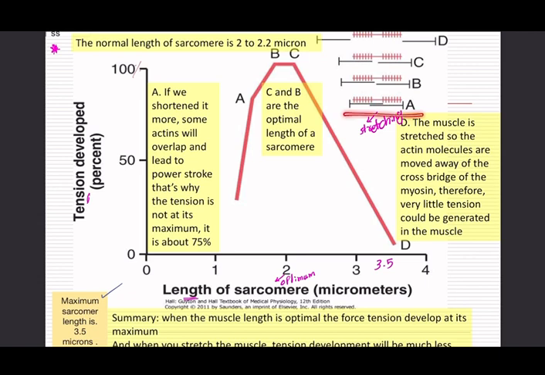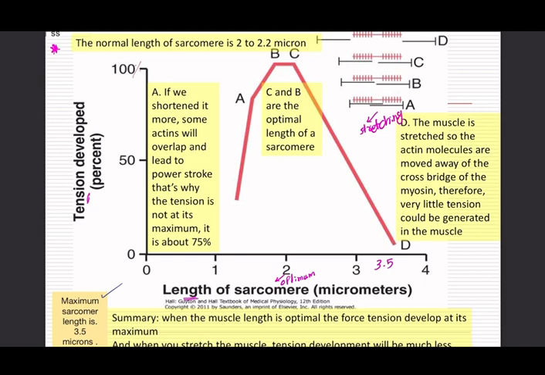We're gonna look at the letter A, which is when the muscle is fully contracted. So when the muscle is fully contracted, the length of the sarcomere would be around 1 to 1.5 microns, and the tension here is around 90%, which is not the best.